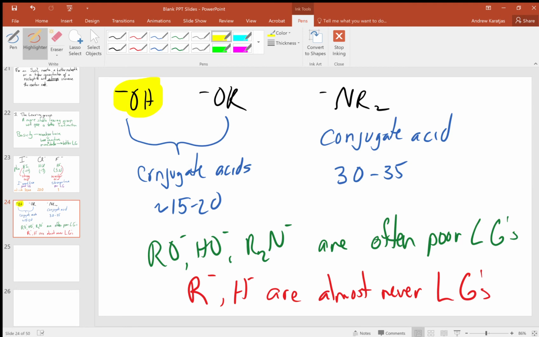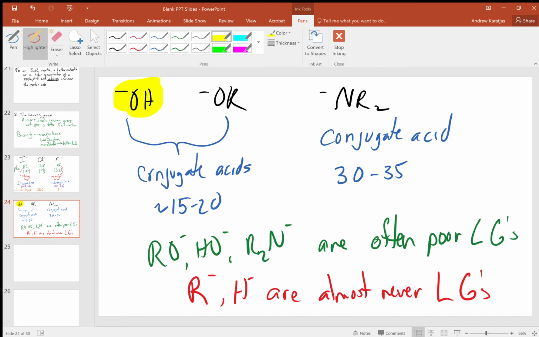And the reason for that is if you start thinking about the number of functional groups we have, how many of those functional groups contain oxygen? Well, the short answer would be a lot of them. There are a ton of functional groups out there that contain oxygen in them.